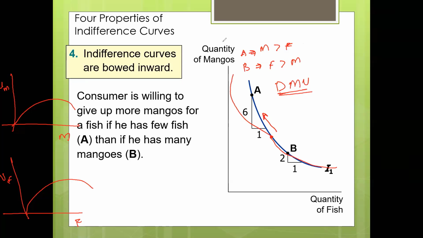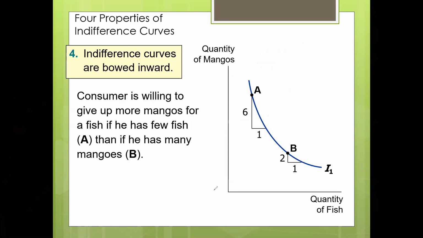So in short, let me clear it up and let's summarize it. Why are they inward bent? Because the center point is a balanced bundle which has equal quantity of both products. M is equal to F in this balanced bundle.